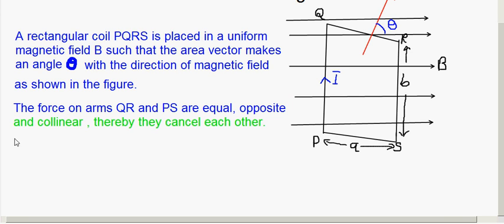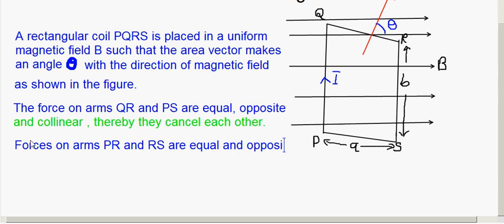Now here you can write: the forces acting on arms PQ and RS are equal and opposite, but not collinear.